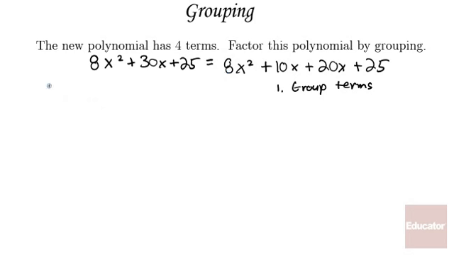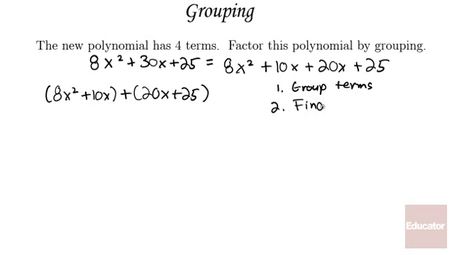So grouping this, 8x squared plus 10x plus 20x plus 25. After you've grouped those 2 terms, find the greatest common factor of each group.